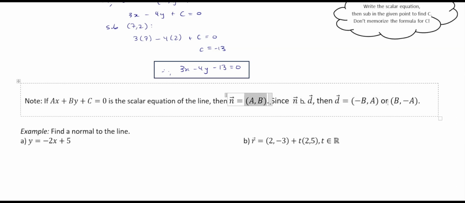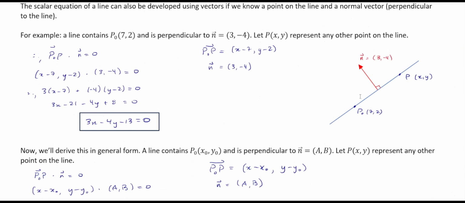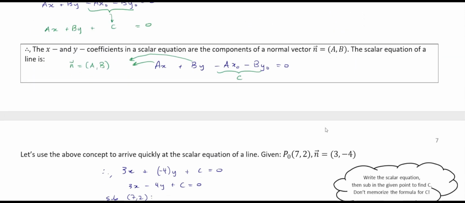So (a, b) dot (negative b, a) has to equal 0, or (a, b) dot (b, negative a) has to equal 0, because the normal vector is perpendicular to the directional vector. And I'll go back to this diagram to show you that, right? The normal vector is perpendicular to the directional vector connecting points on the line.